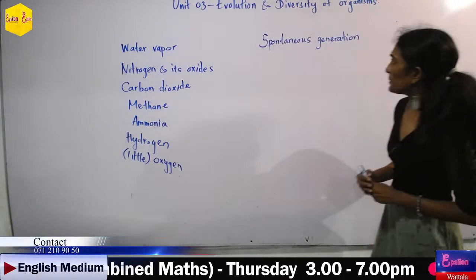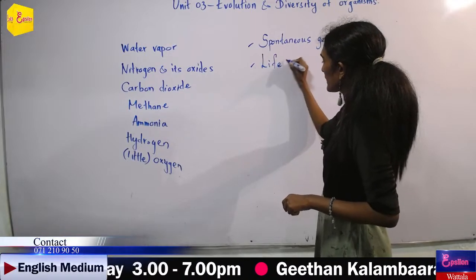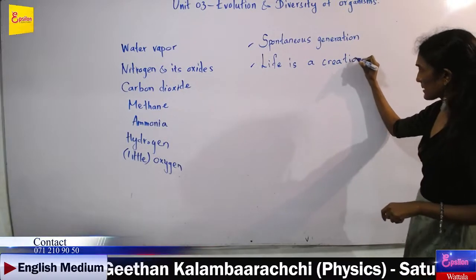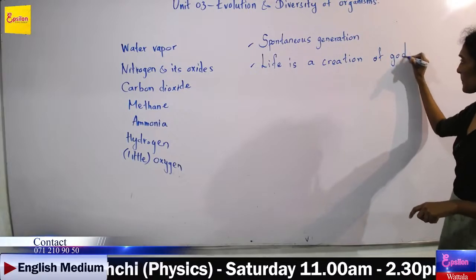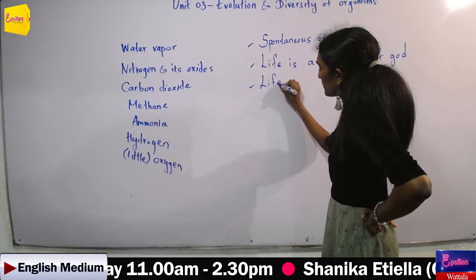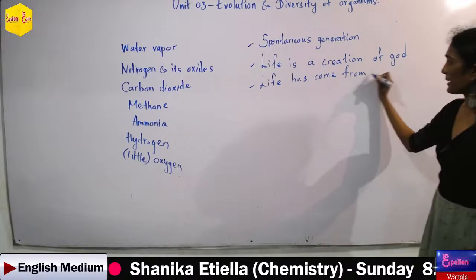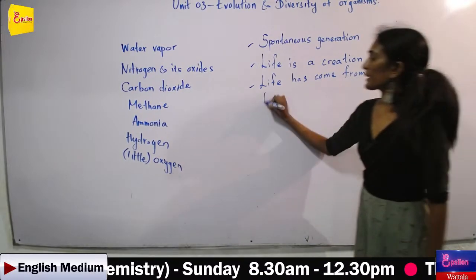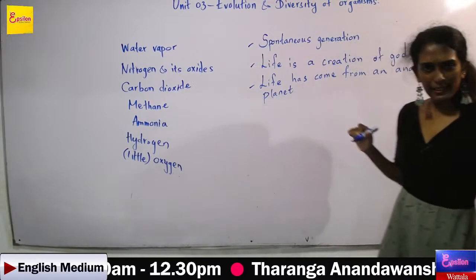Then the second one is, some say that life is a creation of God. Still some are believing, right? Another one is that life has come from another planet. Okay, like an alien. Still some are believing this.